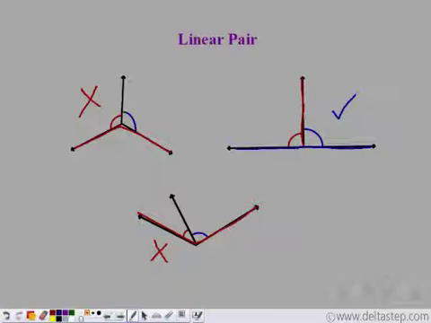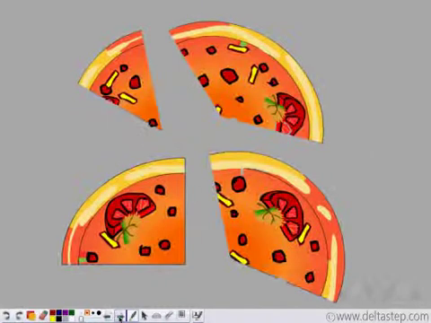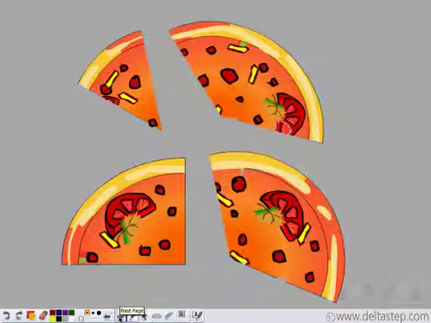And why is it called a linear pair? The word linear comes from the word line. So these angles are along a straight line. That is why they are called a linear pair of angles. So we have these pieces of pizza here. Let's see which two pieces form a linear pair.